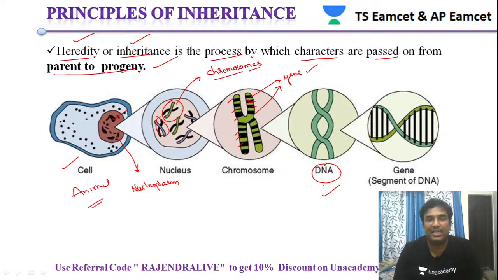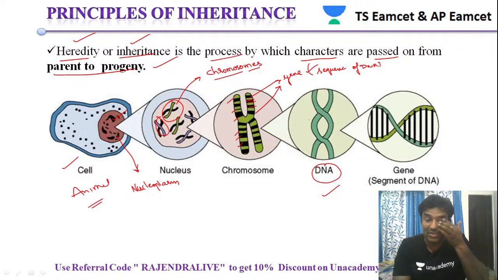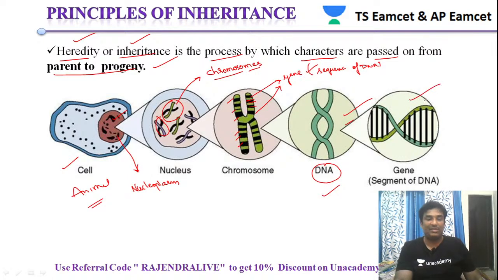So what is the gene? It is nothing but a sequence of DNA. Inside the chromosome we have the DNA, and DNA contains the genes, and on the genes these characteristics are present.